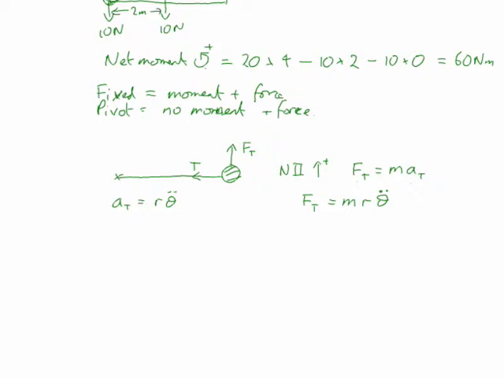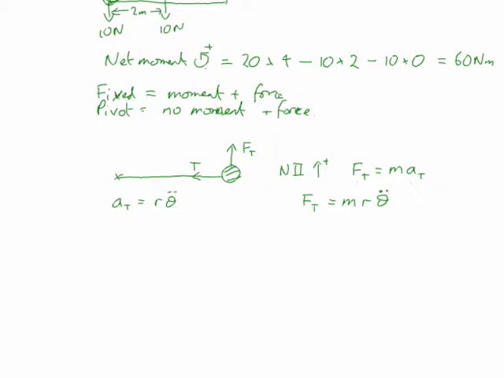When we're doing rotational problems, we want to have a rotating quantity. So instead of a linear force here, what we actually want is the moment of that force, right? So we don't want to be writing down the tangential force. We want to write down the moment that's applied to the system. Because obviously here we can think of it as a tangential force, but in general we have moments.